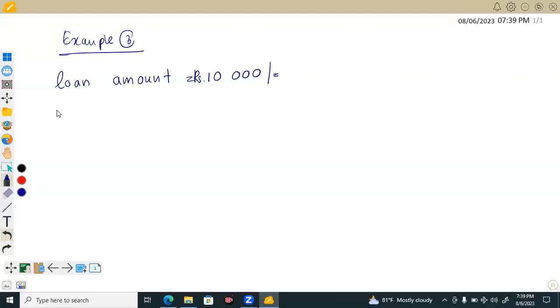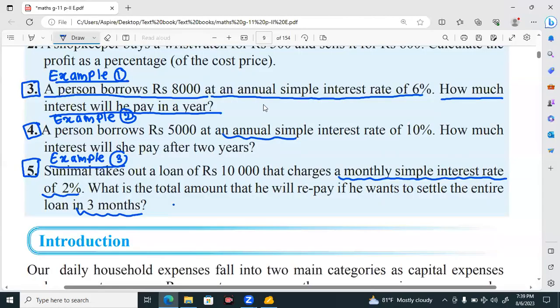Okay, loan amount is 10,000 rupees. Monthly simple interest rate is equal to 2%.